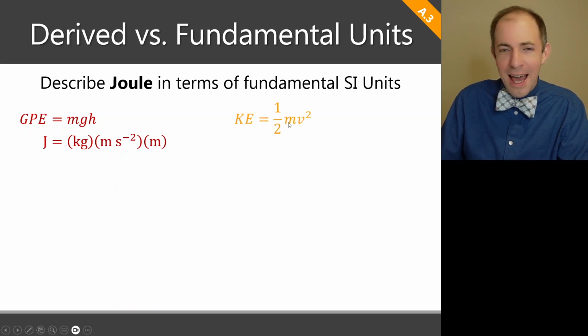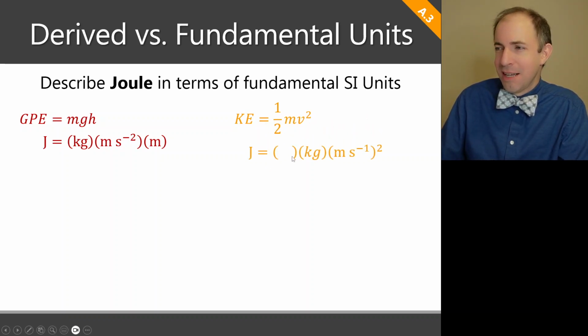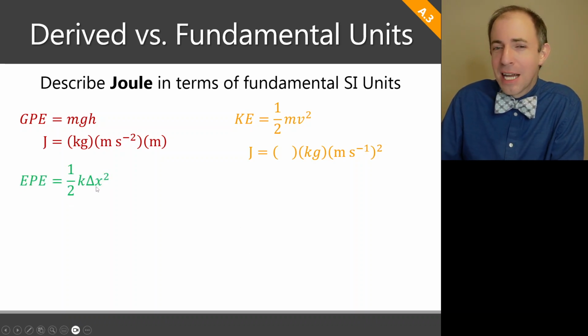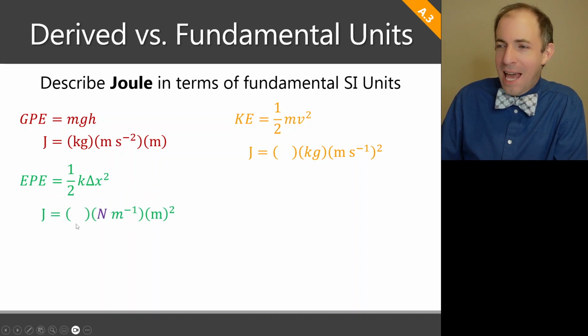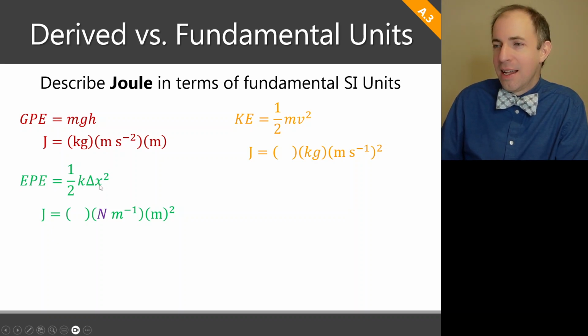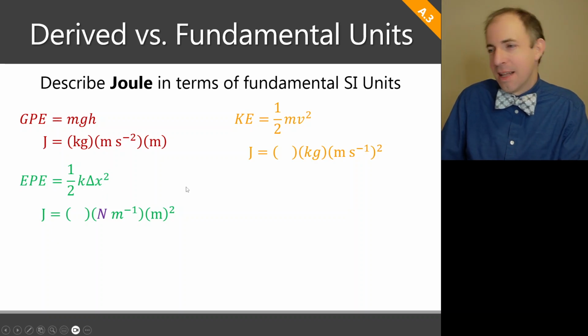Kinetic energy is 1/2 times mass times velocity squared. 1/2 doesn't have a unit, so we'll just leave that empty. Mass is kilograms, velocity is meters per second, but that's squared, so the square is going to factor into each of those. Elastic potential energy is 1/2 times k times the change in x squared. 1/2 again is unitless. k is newtons per meter, and the stretch is meters, and that's going to be squared.